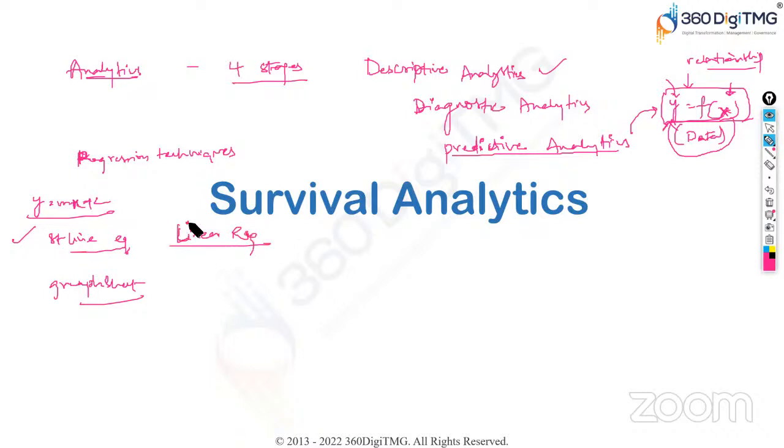Now, linear regression is speaking about a constant relationship, or we can say a consistent relationship, where we are saying that if x is changed by, let's say, 1 unit or 2 units or 3 units, then y gets affected by some constant effect.